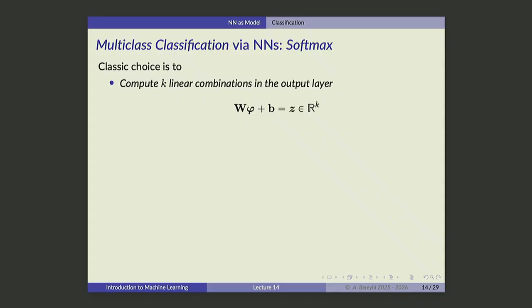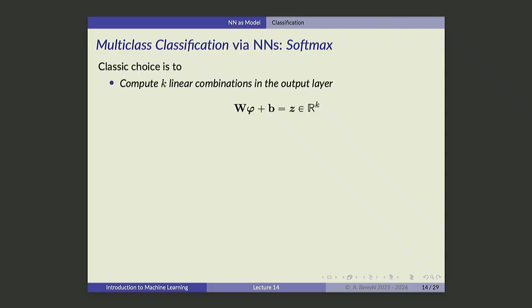So how can we do it? Again, once we are over with all the hidden layers, you have a bunch of features, right? And now the thing is that you want to get K different numbers, all of them describing a distribution, right? So you can get a weight matrix and you multiply it by the features that you have.